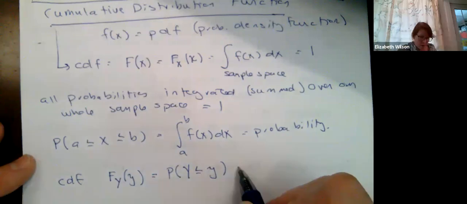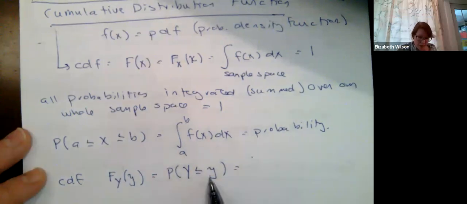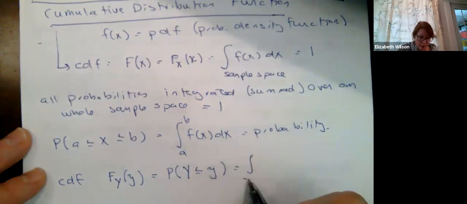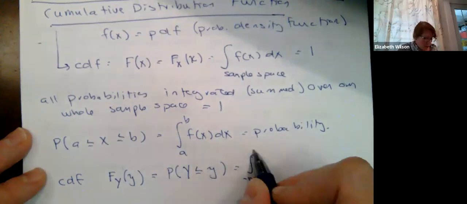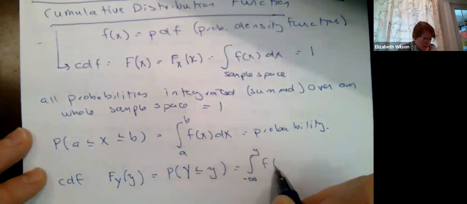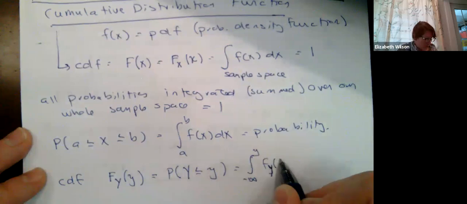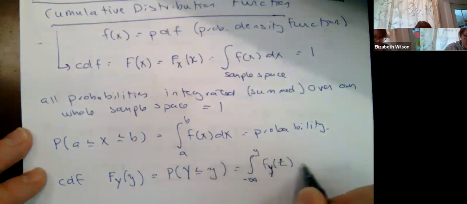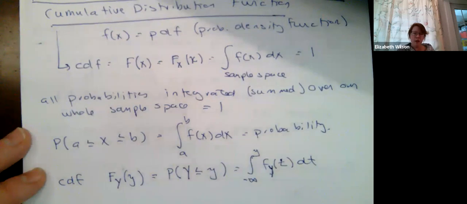So I'm going to integrate from minus infinity to this little value of y, and I'm going to integrate my probability density function, of a different variable, dt. Just trying to write it in a different way.